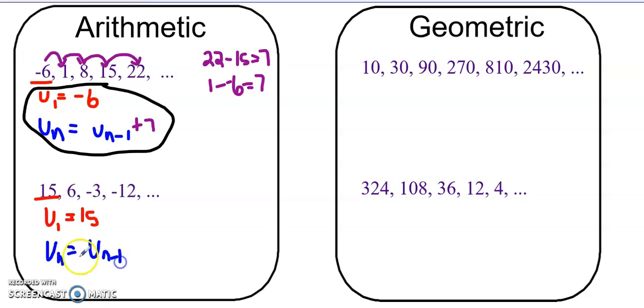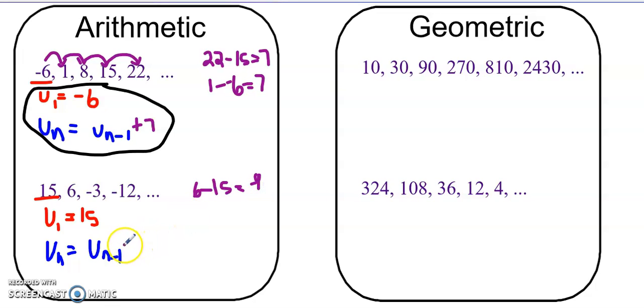To find any number in the sequence, I'm going to take the number before it and figure out what that pattern is. I see this is decreasing. This was increasing, so we added, so here we look at decreasing. 15 minus what is 6? Or I can say 6 minus 15 is equal to -9.